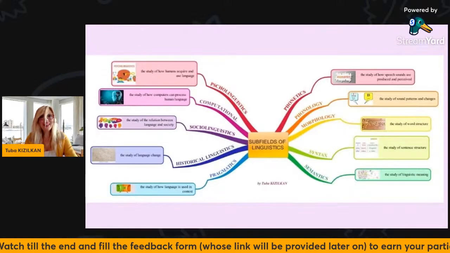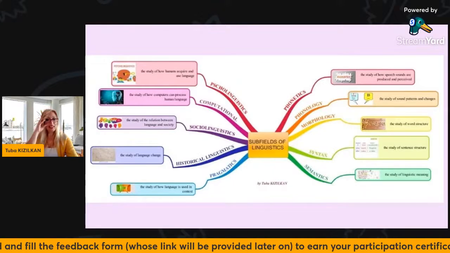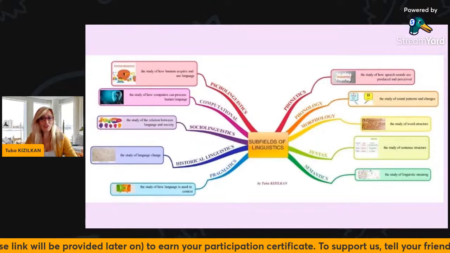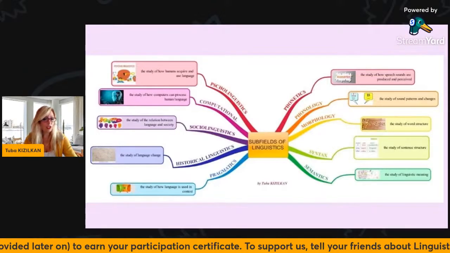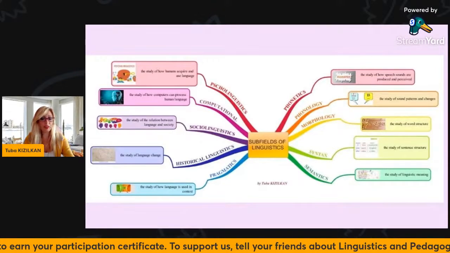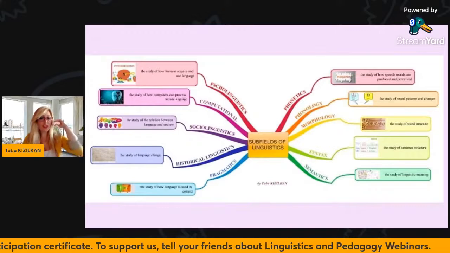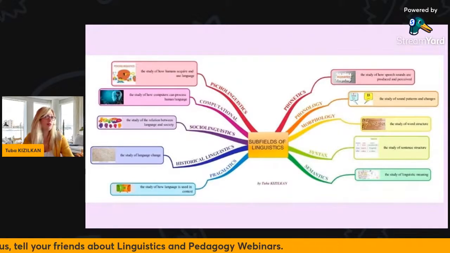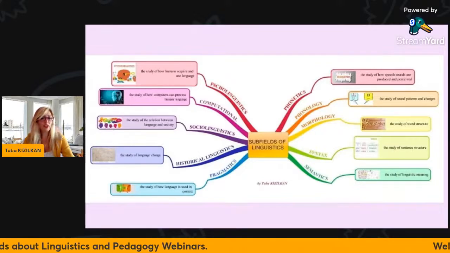For example, historical linguistics, the study of how languages change over time, addressing such questions as why modern English is different from Old English and Middle English, or what it means to say that English and German are more closely related to each other than English and French, just like I mentioned a couple of minutes ago.